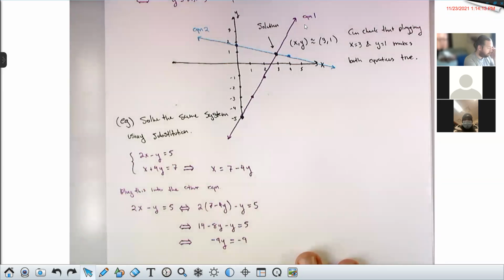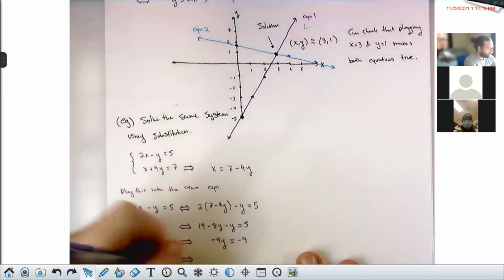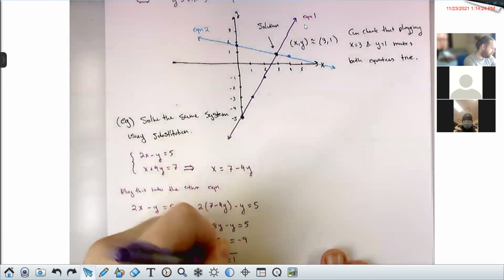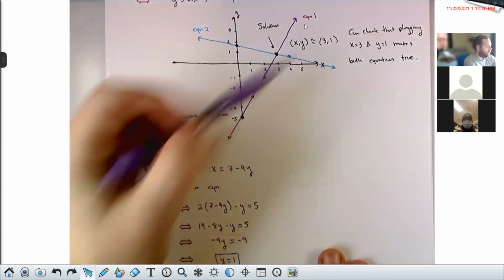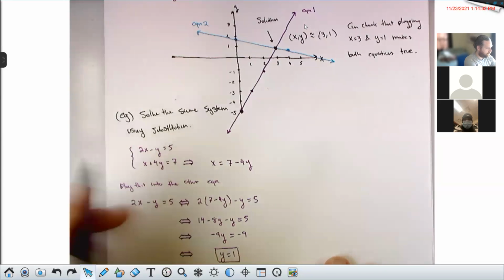I get negative 9y equals negative 9. And then dividing both sides by negative 9, I get y equals 1. So this y value here, this 1, is correct. And we can find it by substitution.